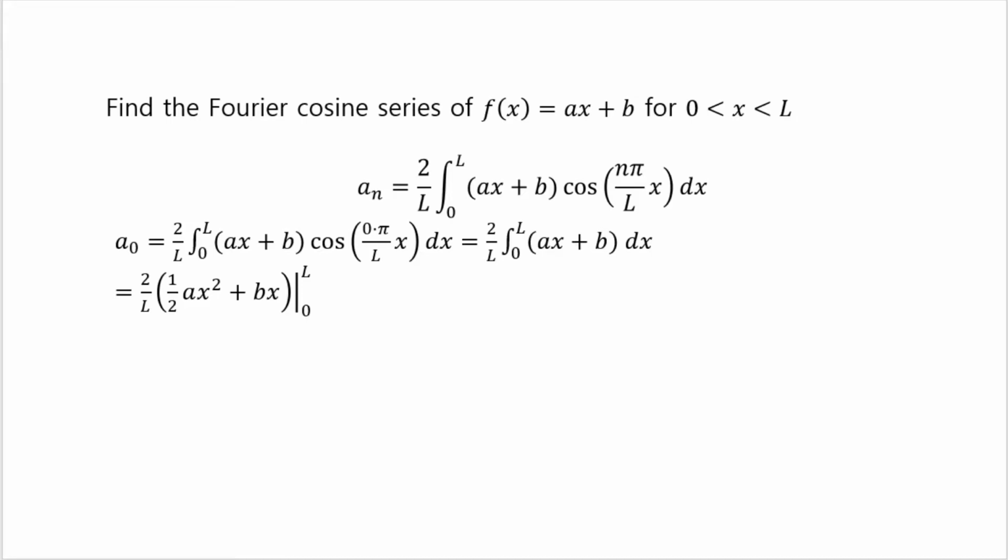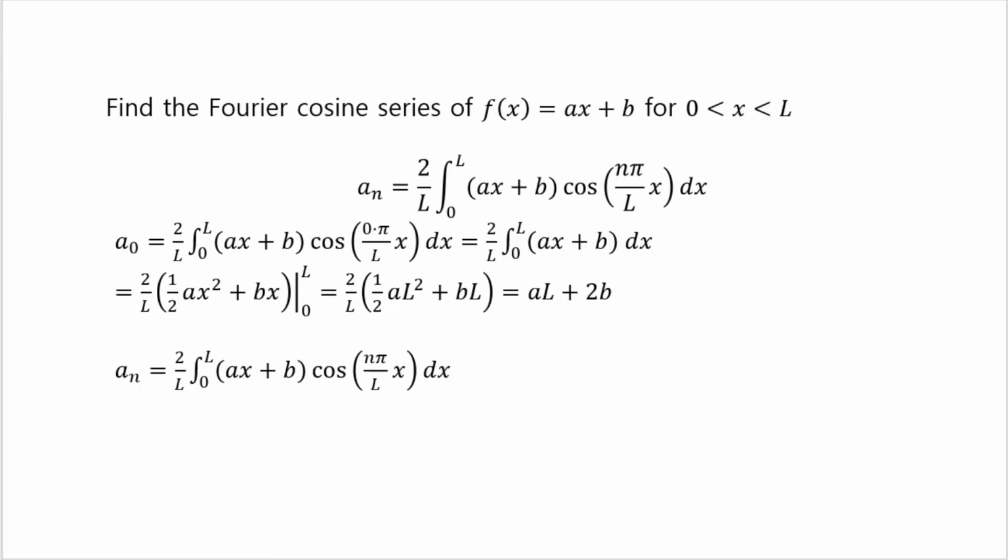If you plug in 0, everything is 0, so you only get some value when you plug in L. Plugging in L, you have this, and then you can multiply this out to simplify. L and L squared cancels, then you get just a single L. 2 and 1/2 cancels. So this times this will give you AL, whereas BL times 2 over L, L and L will cancel, you're going to get 2B.